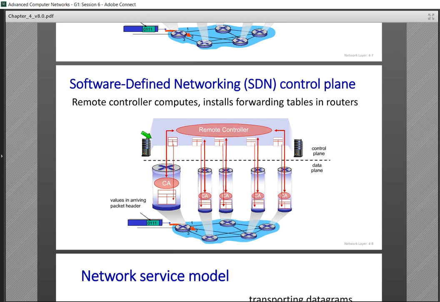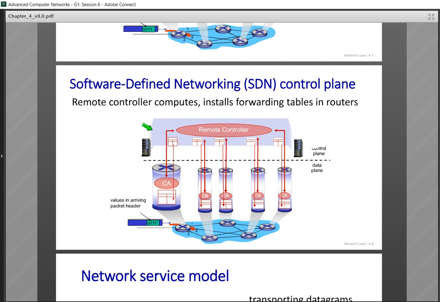But as we said, in SDN or software-defined networking, those routers in the network just think about finding a path using a forwarding table or a routing table. But here, the control plane is shifted into some servers.